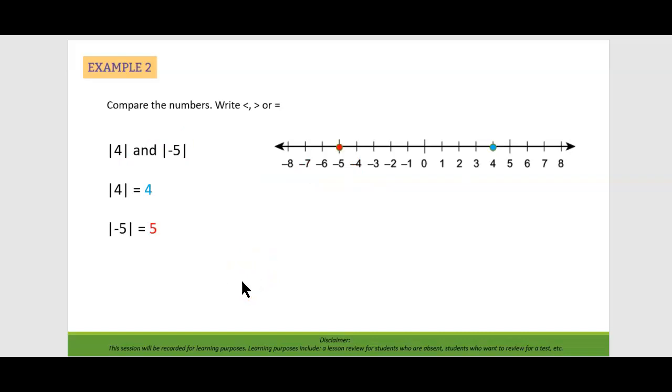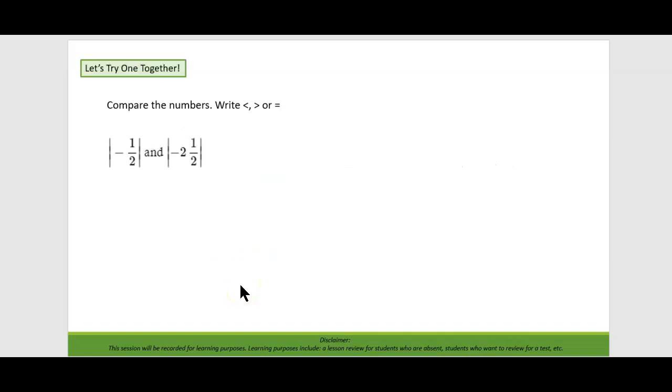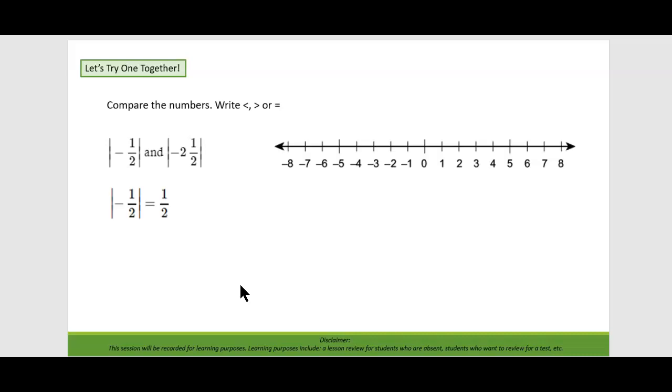Now let's get into these numbers that are not integers. These are non-integer numbers. Negative half is really a distance of half. Half a unit, half a mile, right? But this is like 2.5 miles.